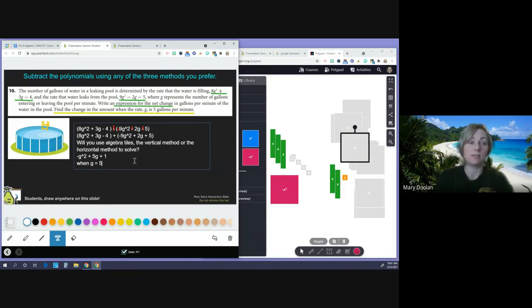Okay, you're going to replace g with the 5 there, and then you're squaring 5 plus 5 times 5 plus 1. Okay, so negative g squared, I think I have to have, no, that's right.